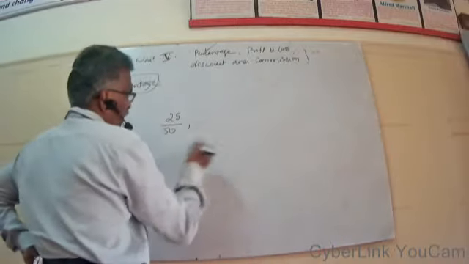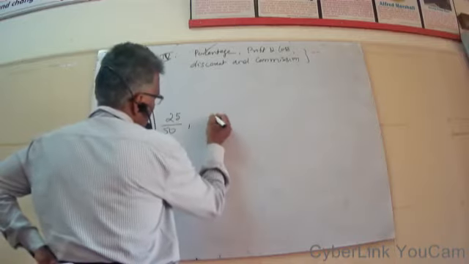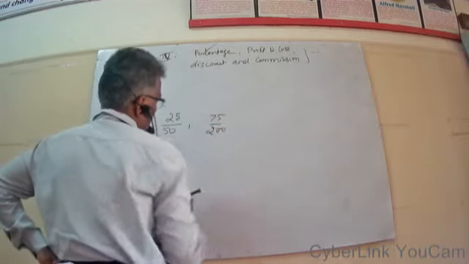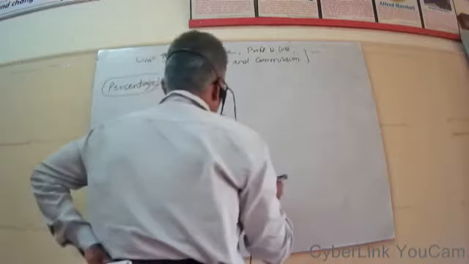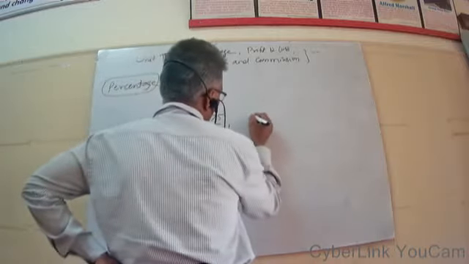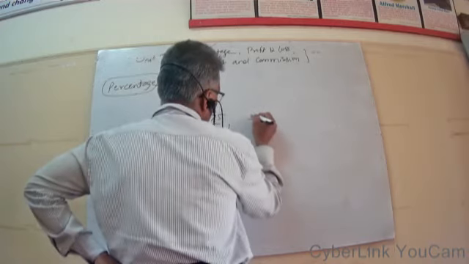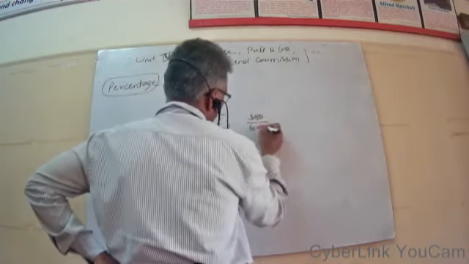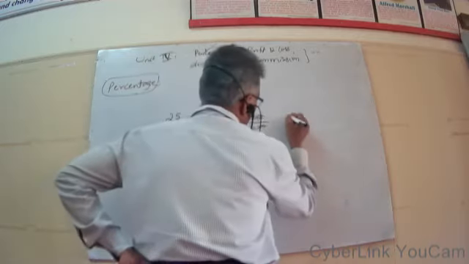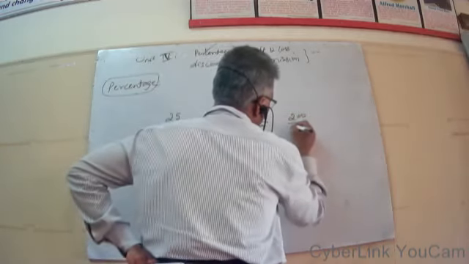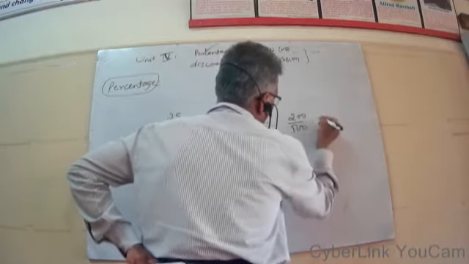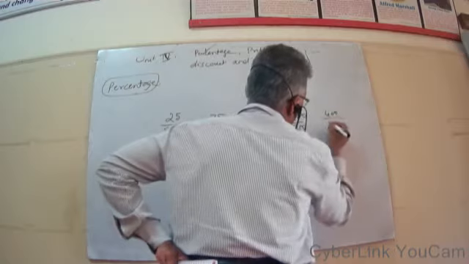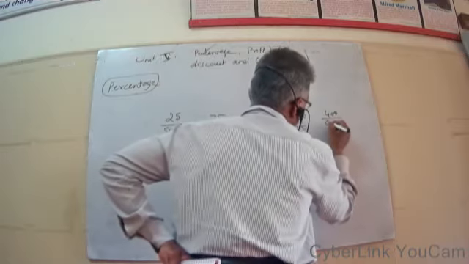Another student scored 75 marks out of 200, and next, say, 350 marks out of 600, and 200 marks out of 500, and say 400 marks out of 600 marks.